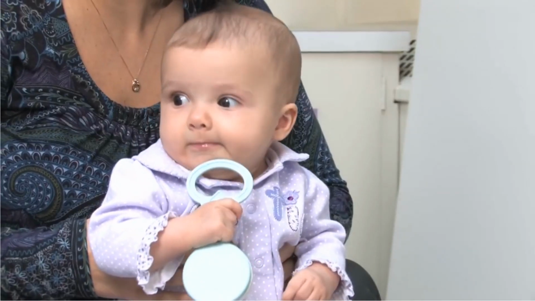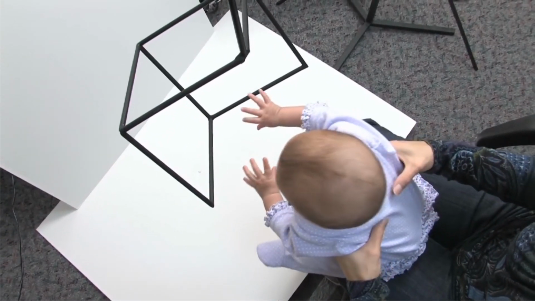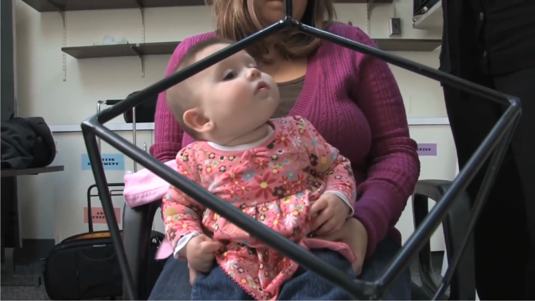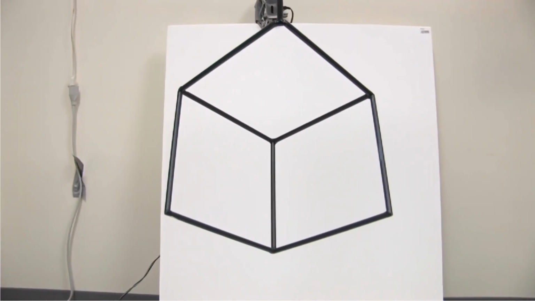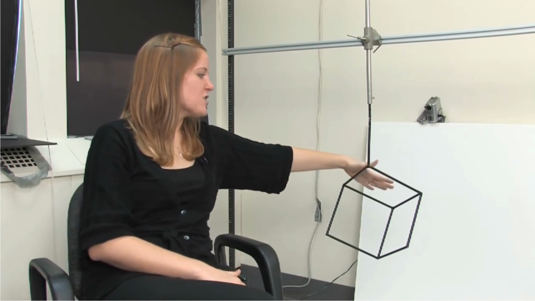You're playing toys out there? Babies can't talk, but they sure are telling researchers at the University of Minnesota a lot about how the human brain develops. It's so fascinating to me that you can take an infant that can't tell you anything, can't tell you what they're seeing or what they're not seeing, and you're able to manipulate stimuli in such a way to be able to figure out what they're seeing anyways. The stimuli student researcher Charisse Caro was talking about, it's a wire frame that presents the illusion that it's a cube. When you look at this cube, especially when it's against a white background, you perceive that there's actually a surface here.